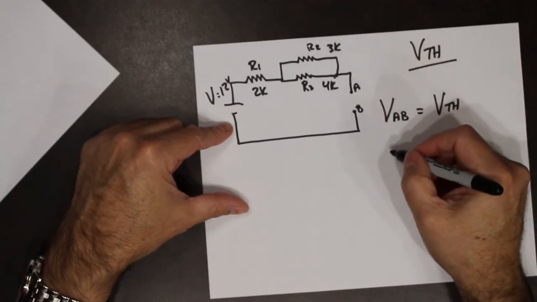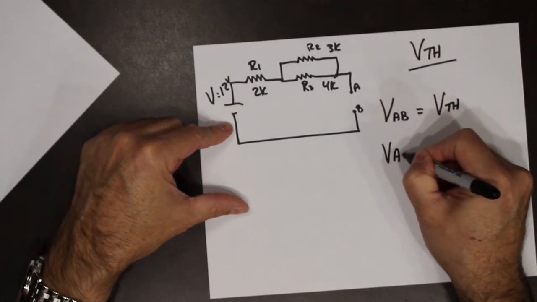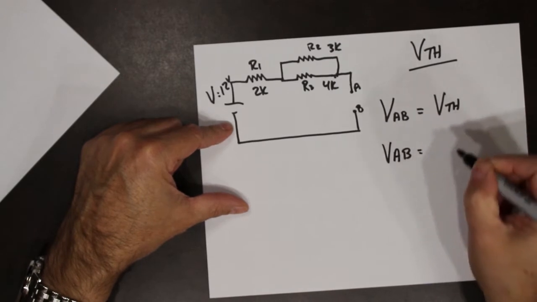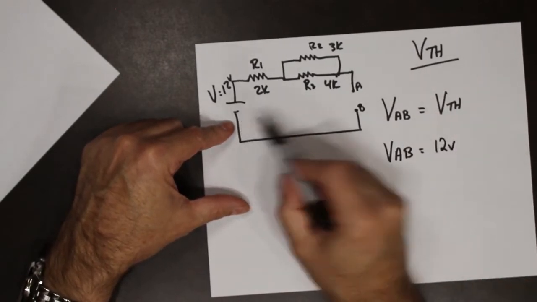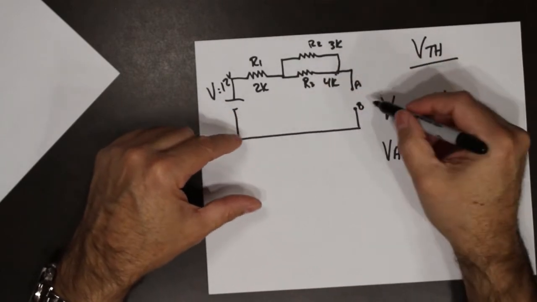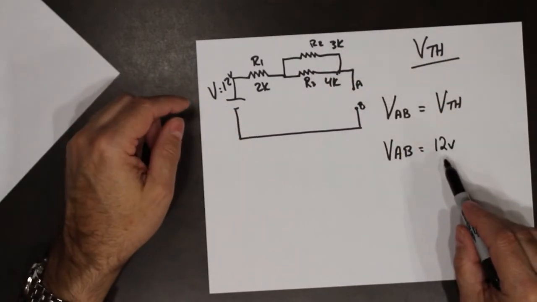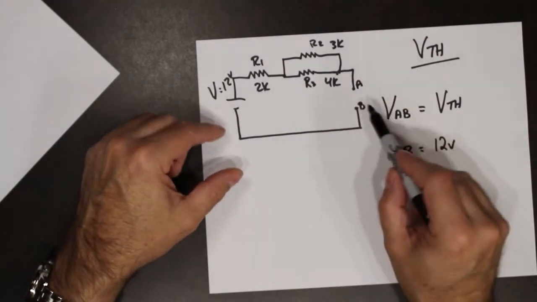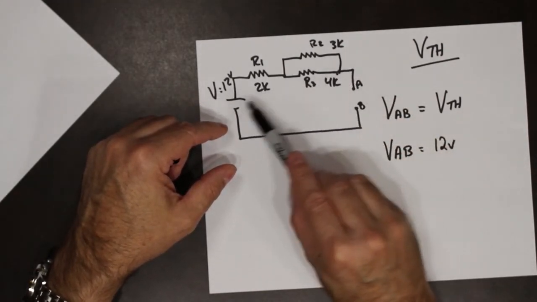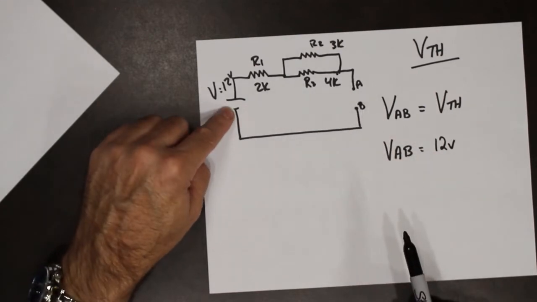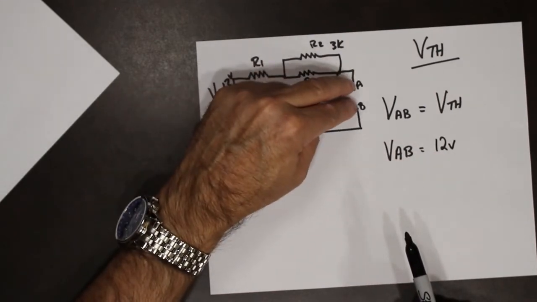So in this particular case, voltage A to B is actually equal to 12 volts. So if I built this circuit and put a voltmeter here, it would read 12 volts. Why? Because there's no current flowing in the circuit and there's no voltage drops. So what is here will actually show up here.